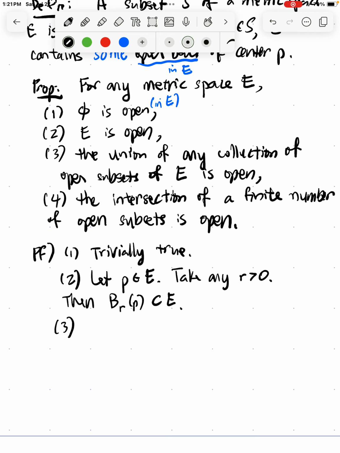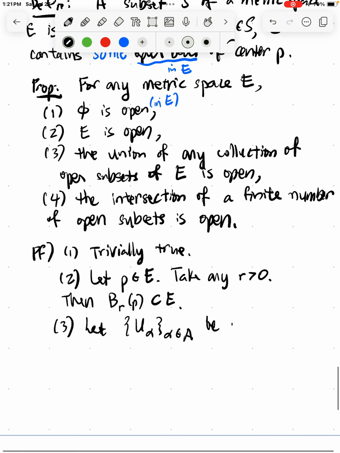Okay, number 3, the union of any collection of open subsets of E is open. Alright, so to do this, we could say, suppose that you have a family of open sets.